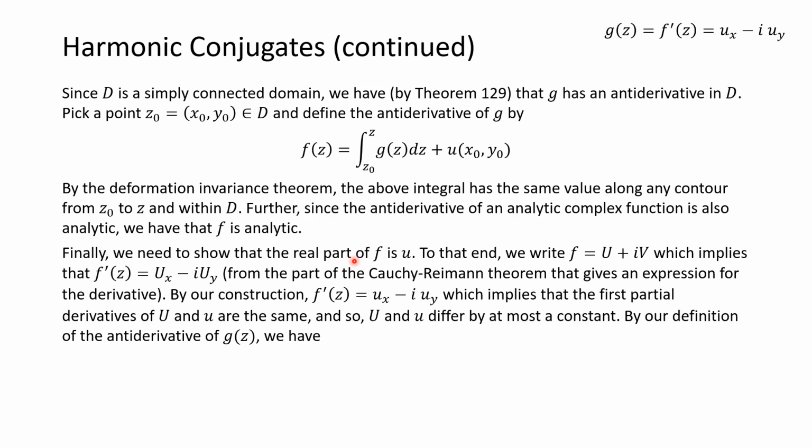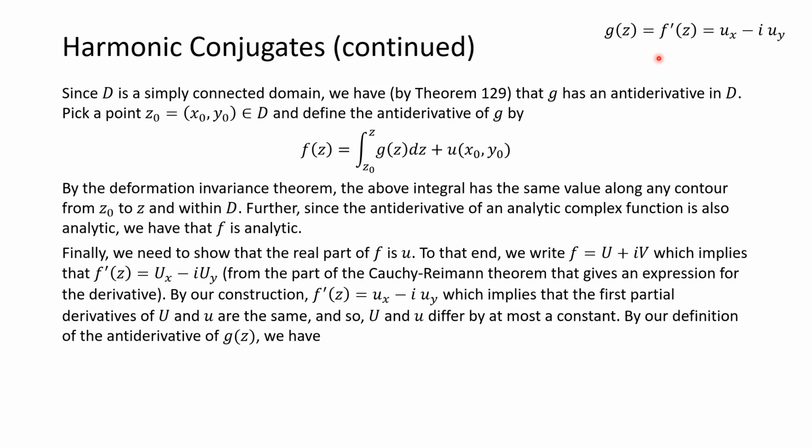So what we need to prove is that our small u, lowercase u, is in fact the real part of f as defined here. So what we do is we let f equal capital U plus i capital V, and we want to show that our small u is in fact equal to our capital U. So taking the derivative of f as defined here, using the Cauchy-Riemann theory, we see that the derivative of f of z is the partial of capital U with respect to x minus i times the partial of capital U with respect to y.